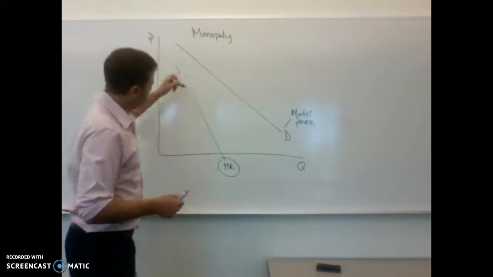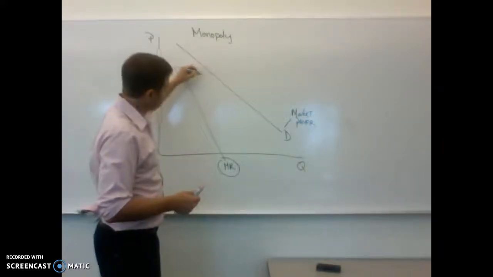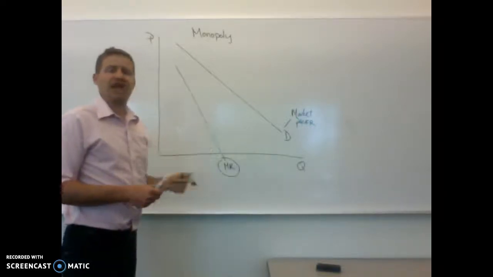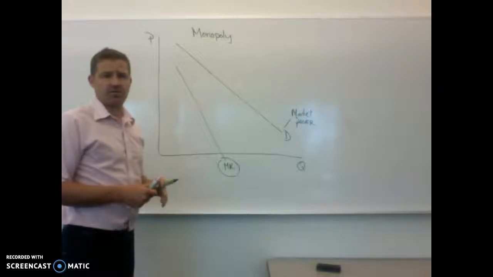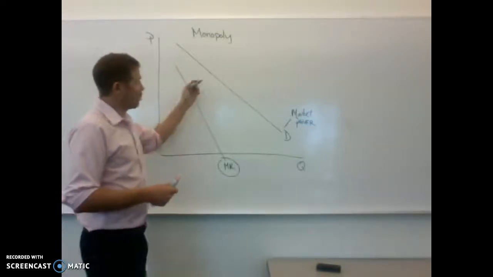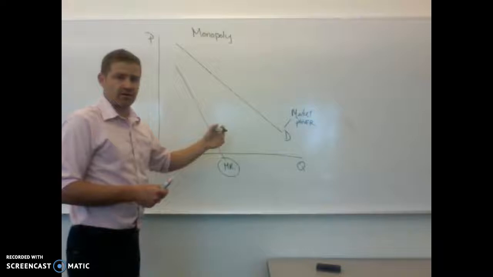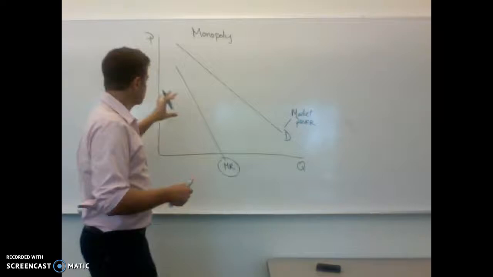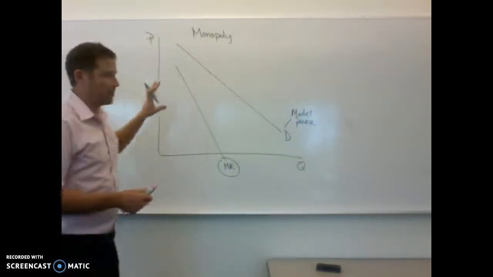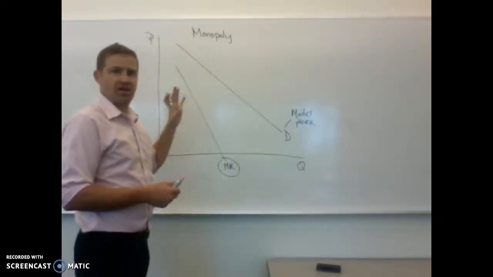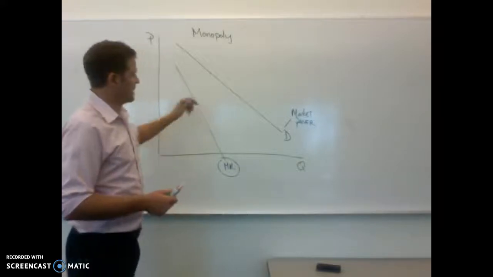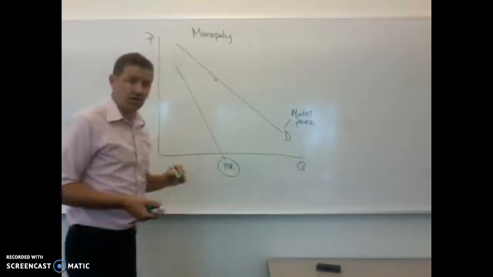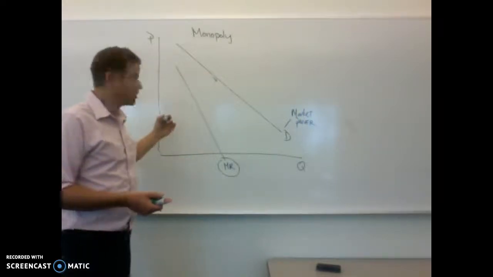Well, what is happening here? If the monopolist chooses to sell at this price, he has to sell each and every unit at that price, right? Because the monopolist is the industry. There is no separate industry graph over here. Remember, the monopolist is one seller. They are the industry. If this is their demand curve and they want to sell another unit or another 5 units, they have to lower their price.